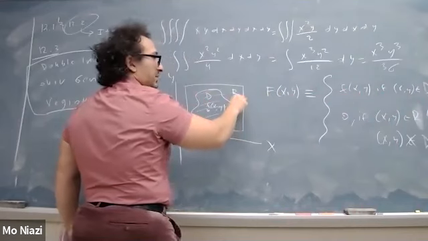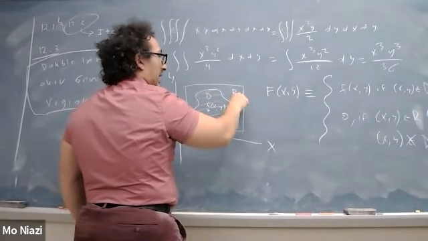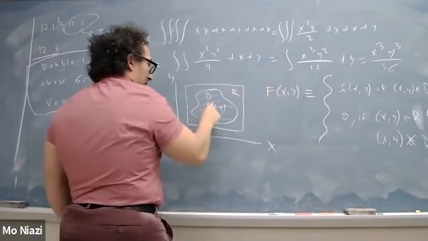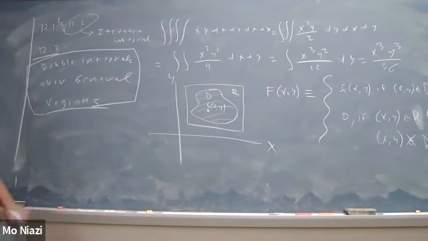Meaning the function outputs a 0 here. It's an element of R, but it's not in D. So capital F of x, y will equal 0. And here, capital F of x, y will equal lowercase f of x, y.